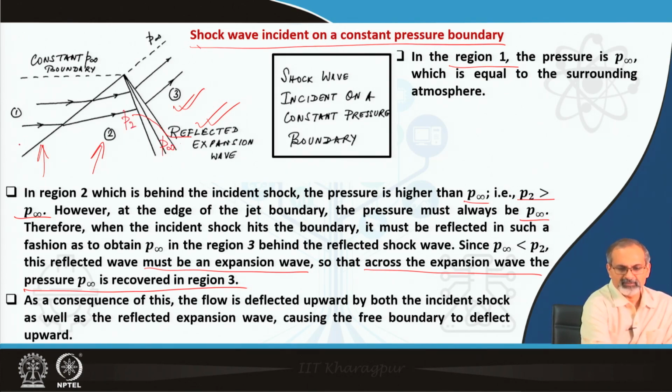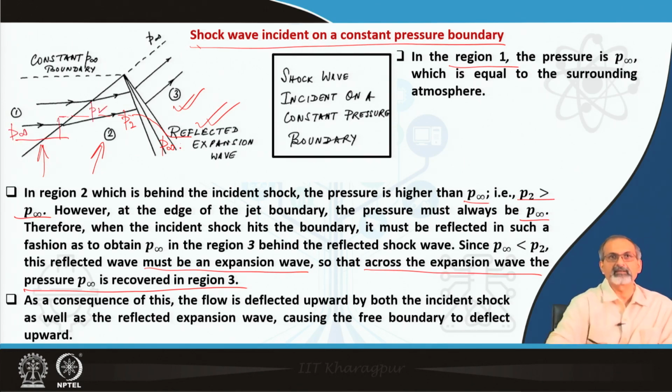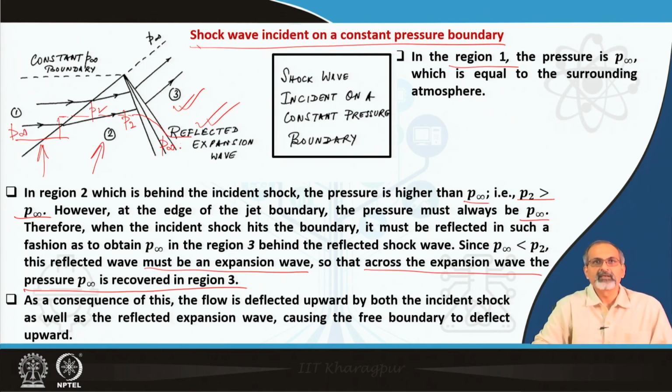Once there was a step jump here from P infinity to P2 when the oblique shock was crossed, and then there is a gradual reduction as it crosses the expansion fan back to P infinity through this incident and reflected waves forming that region, where the incident wave was a compressive wave, while the reflected wave is an expansive one.